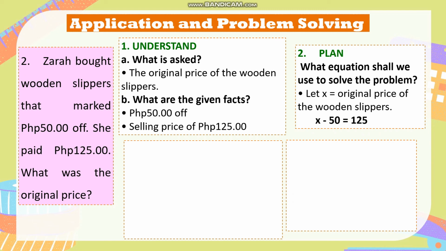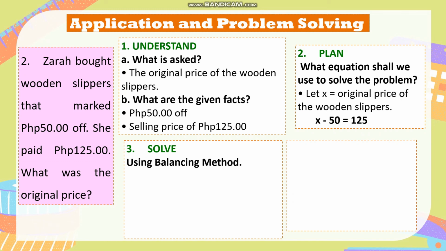Since naka-discount si Zara ng 50 pesos at ang kanyang binayaran ay 125 pesos, kaya ang ating maging equation ay x minus 50 is equal to 125. Number 3, solve. Using balancing method.